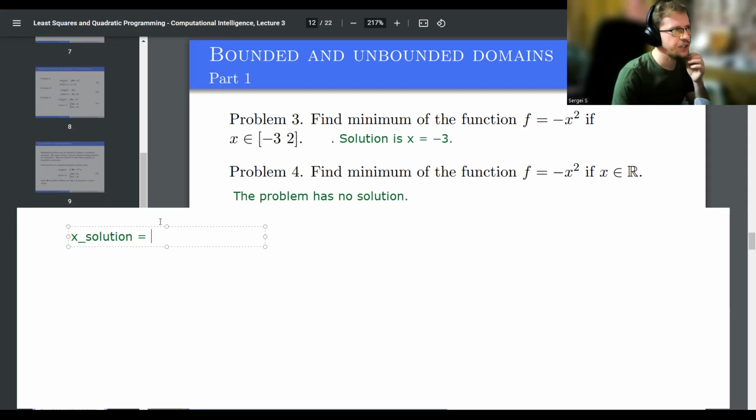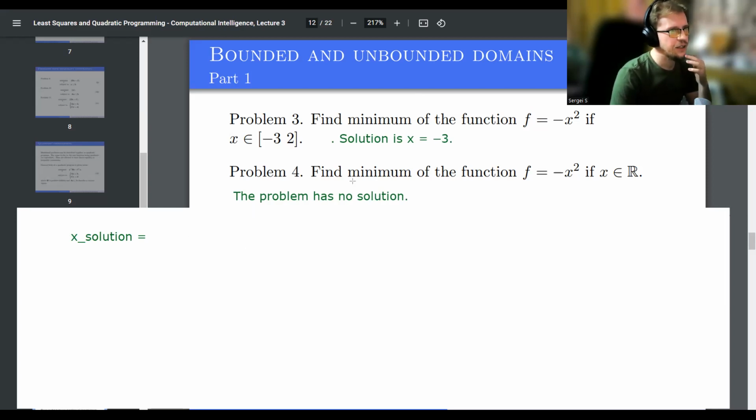Well, what I'm trying to say is it is a limit of a sequence, right? So it is a limit of a sequence of x that makes the function approach its minimum. So let me just try to show it first graphically.